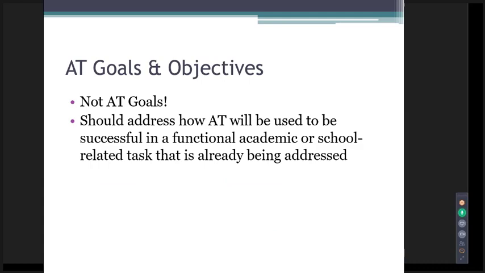So when you're writing these goals and objectives, you want to write it in terms of what you're already addressing. Are you already addressing a functional, academic, or a school-related task that they are unable to succeed in, but would be able to succeed with assistive technology? You are not writing assistive technology goals. You will notice back on the front page, I'm just going to flip there real quick, back to this page on the IEP, on EdPlan.